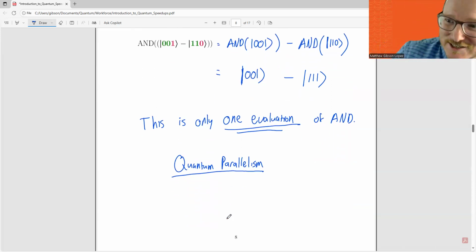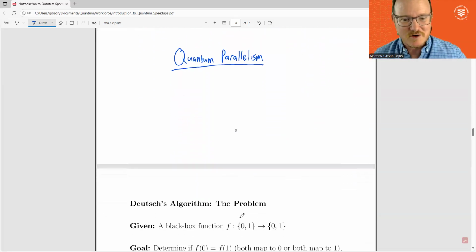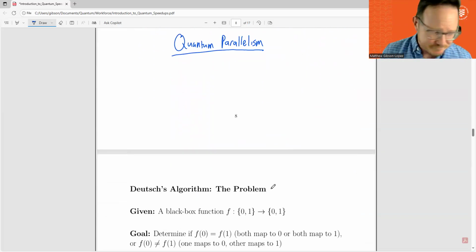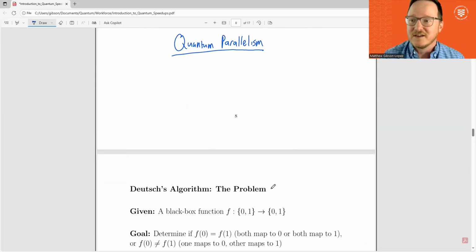So this is the problem that we actually want to show an advantage for, and that is Deutsch's algorithm. This is one of the first problems that was demonstrated where a quantum computer can provide an advantage over a classical computer.